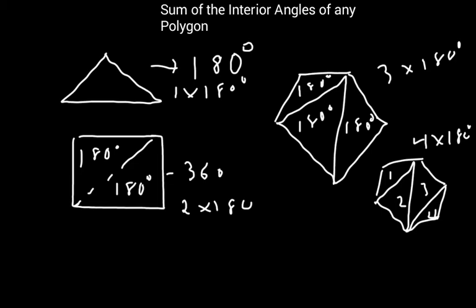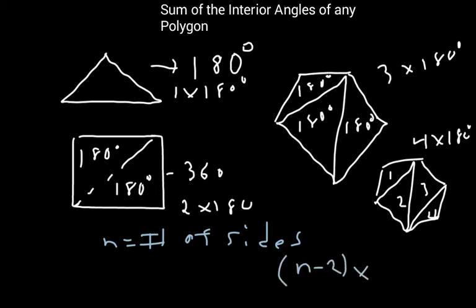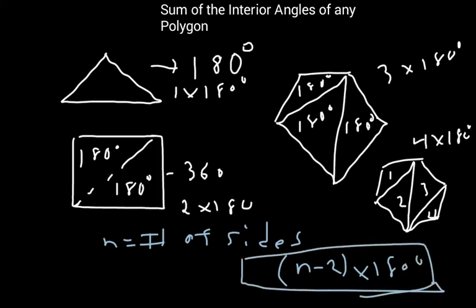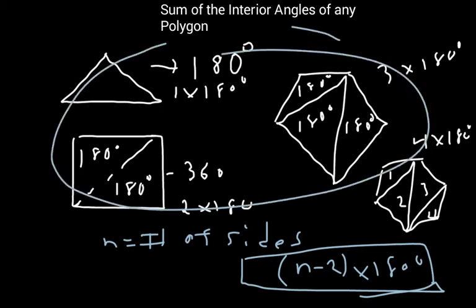So let n equal the number of sides in your polygon. And the formula for the sum of the interior angles would be (n minus 2) times 180 degrees. So this is your formula, and all of this is the rationale for the formula.